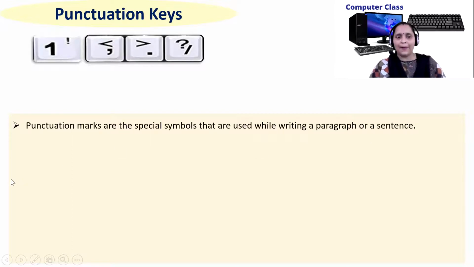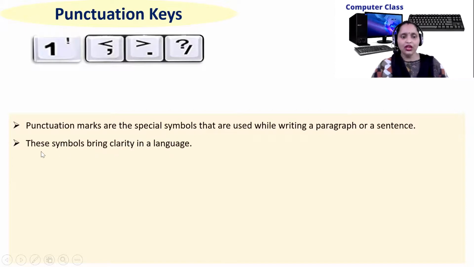Whenever we are writing a paragraph or a sentence, we generally use these marks, or you can say special symbols. These symbols bring clarity in a language. They make it easy to pronounce. It brings clarity in our language, children.